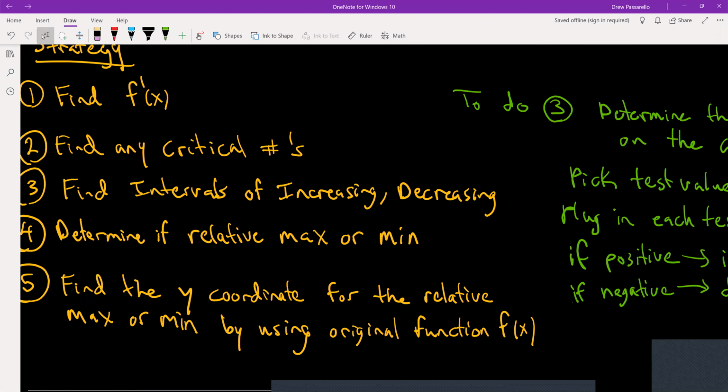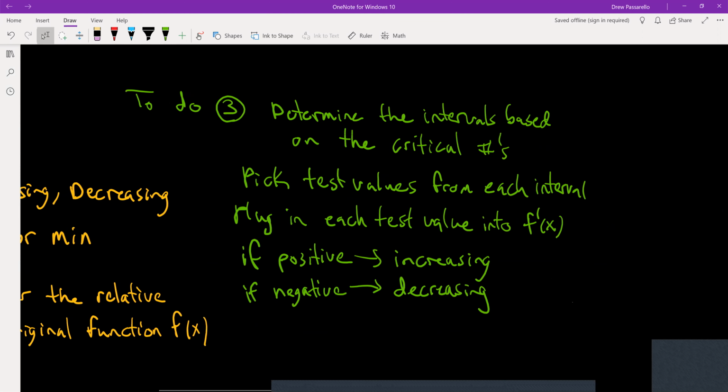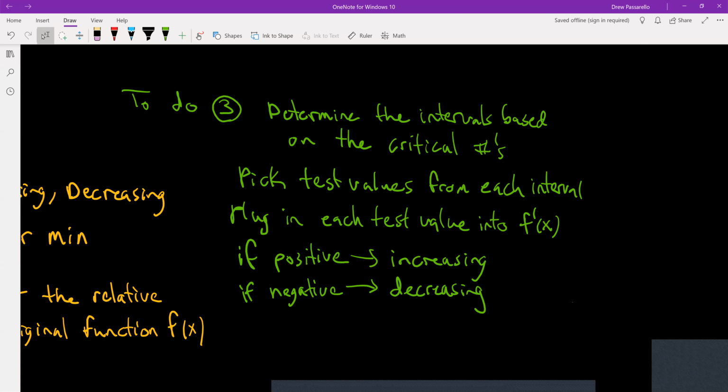I just didn't want to have to write so much for that, to make it less cluttered, but essentially define the intervals of increasing and decreasing. Like in the previous video, we first determine the intervals themselves based on the critical numbers, and then you pick a test value from each interval, plug the test value into its derivative. If the derivative results in a positive number, that's going to be increasing for that interval. If the derivative results in a negative number, it's going to be decreasing for that particular interval.